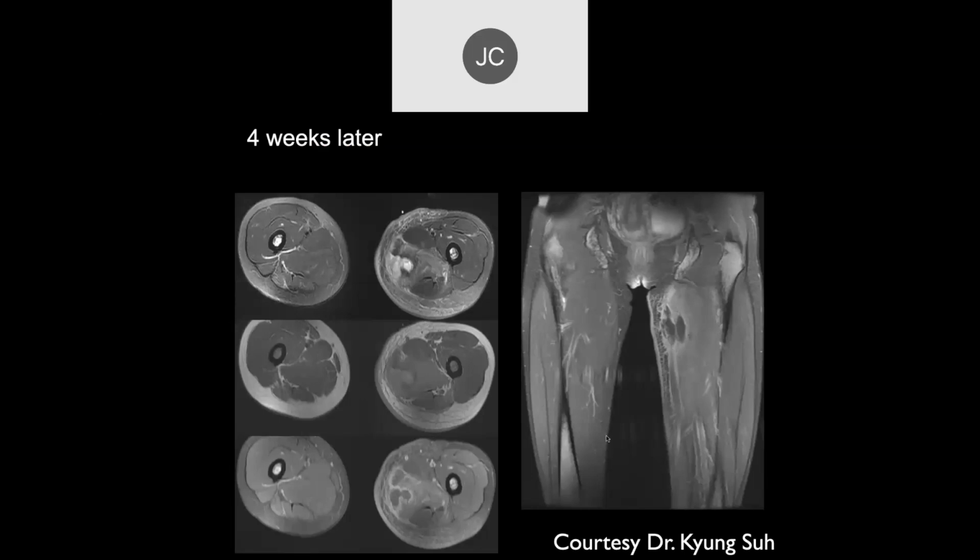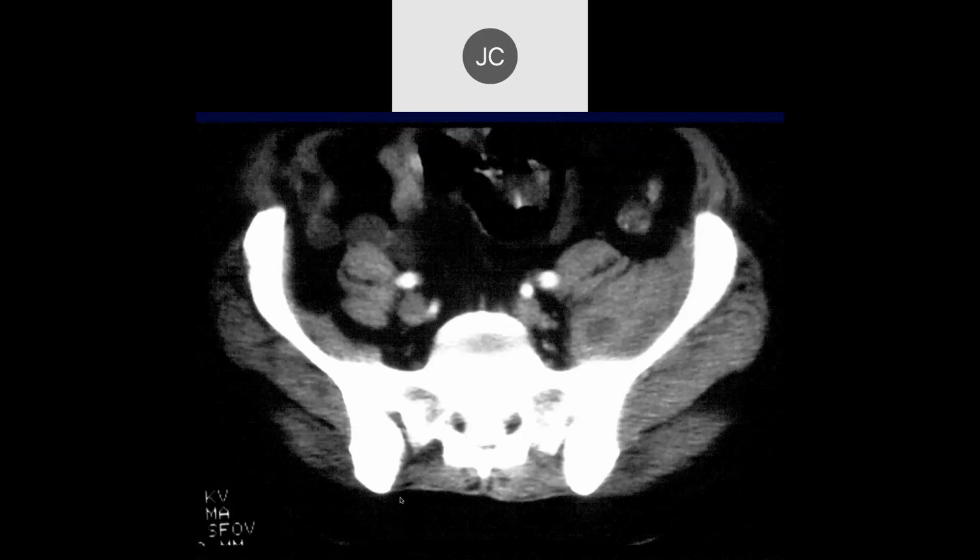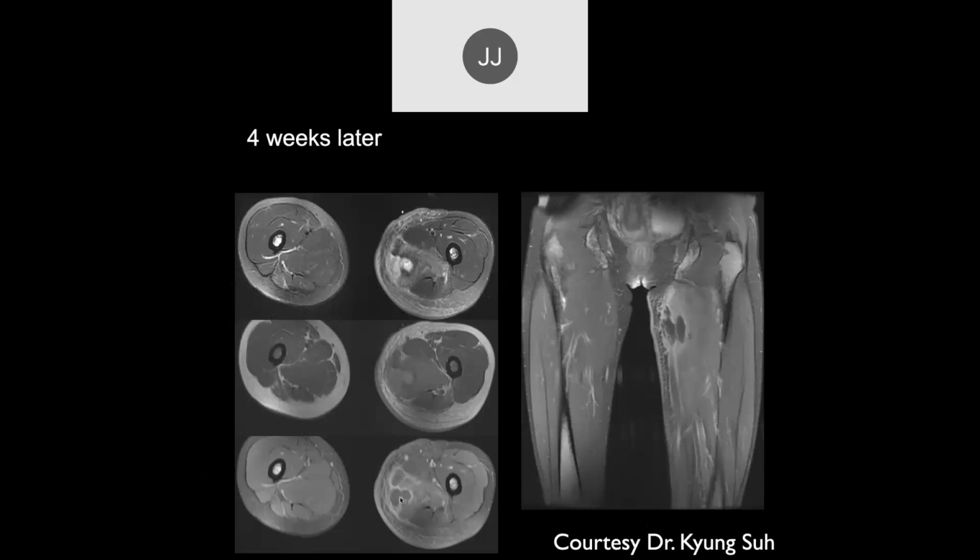So it looks like there's a fluid structure there that's peripherally enhancing, and some edema in the adjacent musculature that also enhances. Just another abscess. Yeah, another staph abscess. Now, what would you do with that? Other than call an infectious disease specialist.